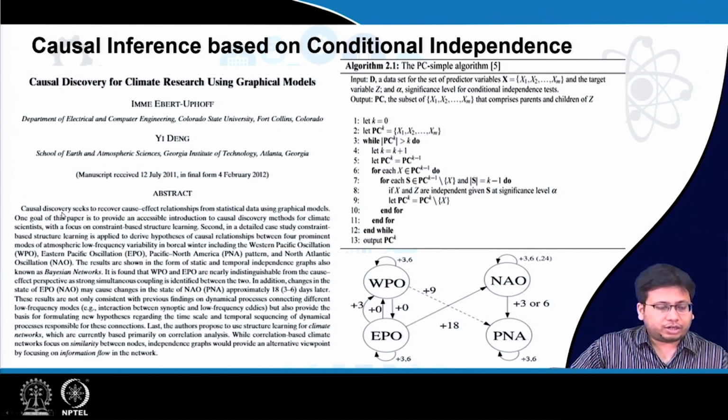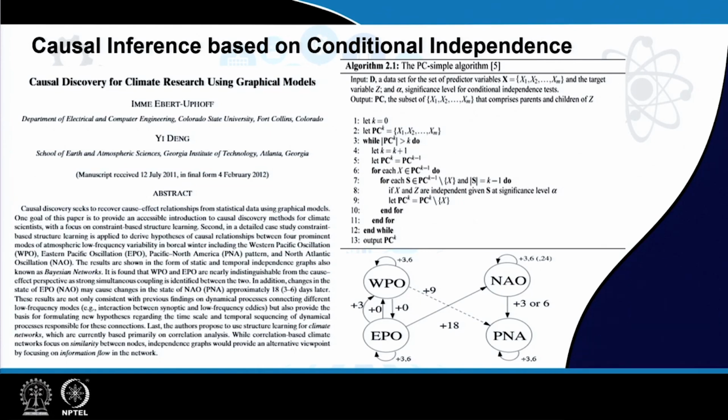So the causal discovery seeks to recover cause effect relationships from statistical data using graphical models. Remember, graphical models we have already talked about is a graph where each variable represents a random variable. One goal of this paper is to provide an accessible introduction to causal discovery methods for climate scientists with a focus on constraint based structural learning.